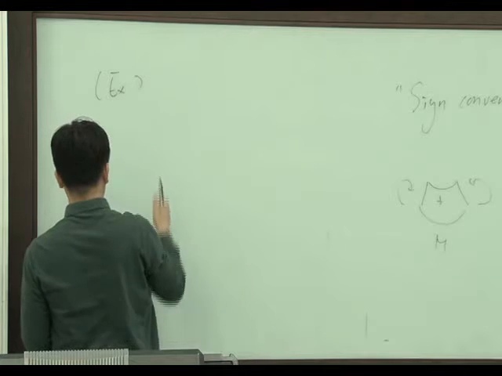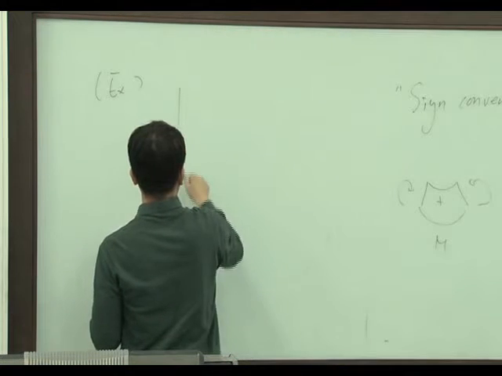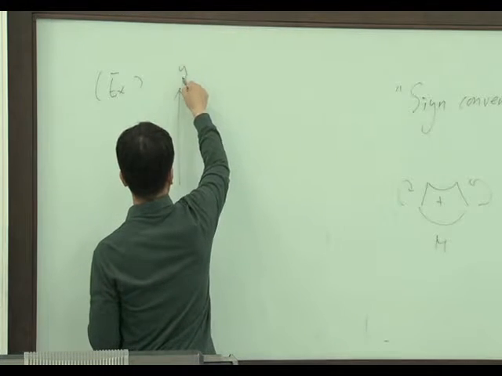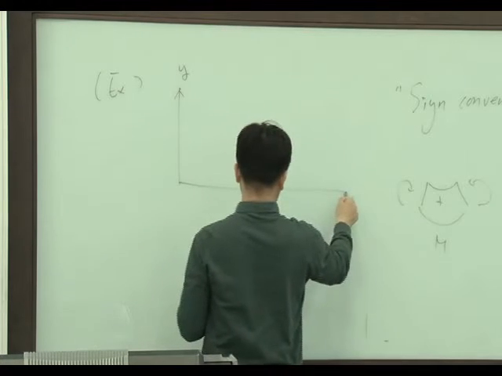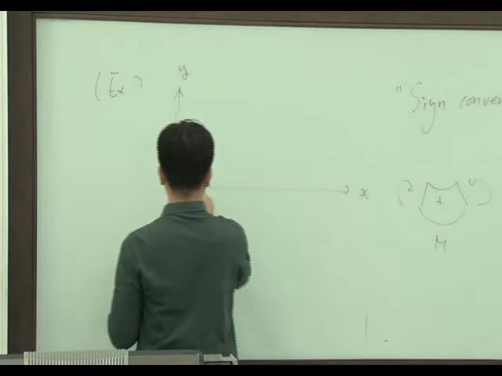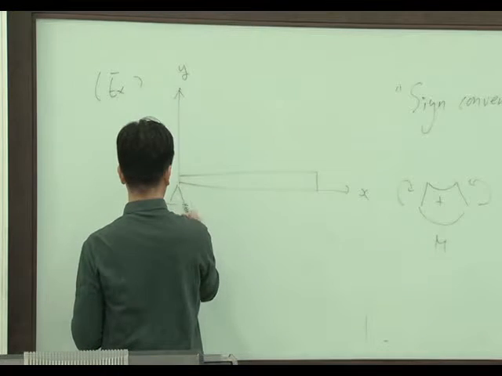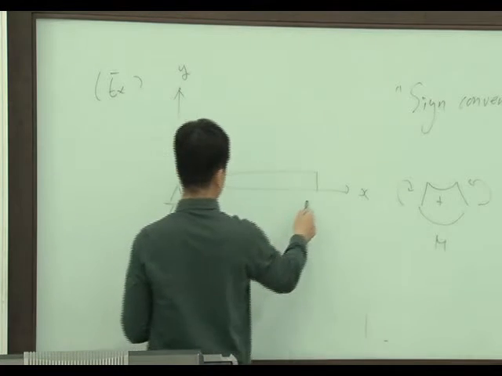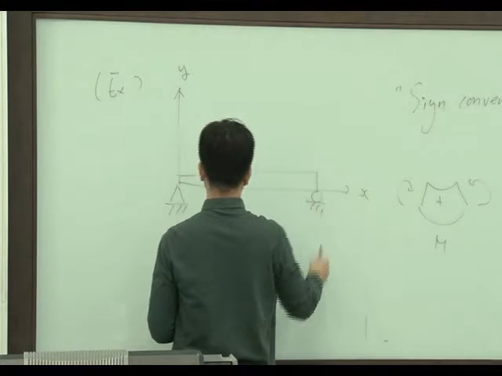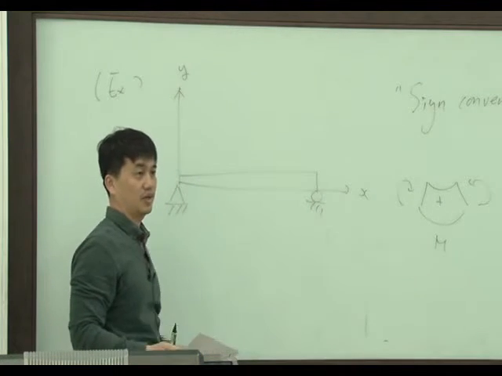Example: y-axis, x-axis, I have a straight beam, and this is simply supported, so we have a hinge and roller at both sides.